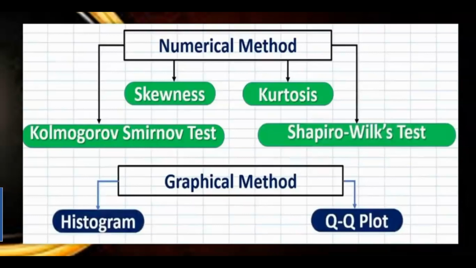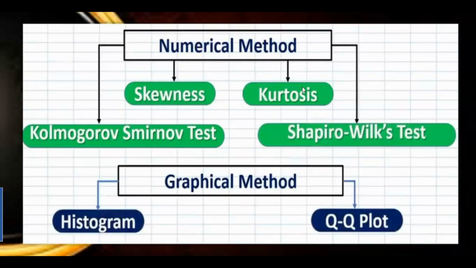To know whether our data is normally distributed or not, there are two methods to use. We have the numerical method, which includes the Kolmogorov-Smirnov test and the Shapiro-Wilk test. Another numerical method is skewness and kurtosis.